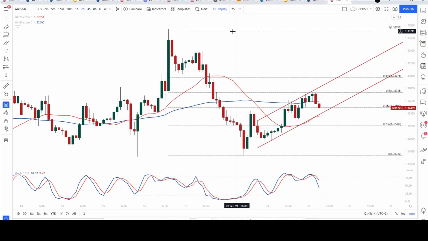So I drew the Fibonacci lines from that low to this low here, and that roughly coincided, this high here with 38.2, and this high coincided with 50%.